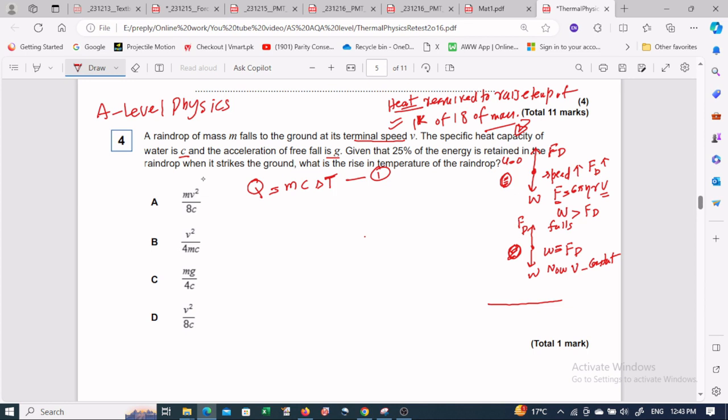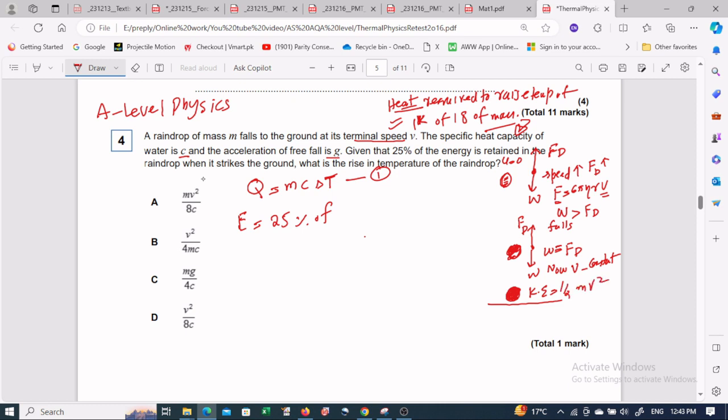When the water droplet is falling, before striking the ground, its energy is kinetic energy, equal to half mv square.